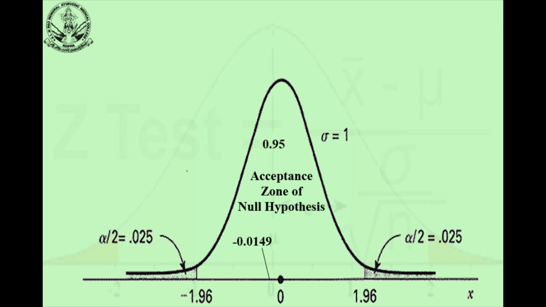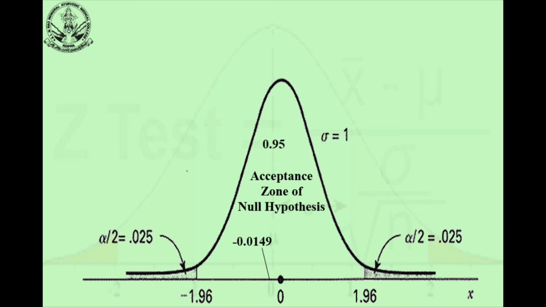If it is coming here, this is the acceptance zone of the null hypothesis, so we have to reject the alternative hypothesis. It means there is no difference between the two means, and that is what we accept.